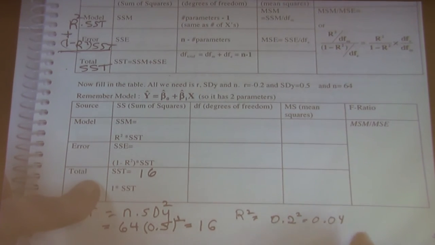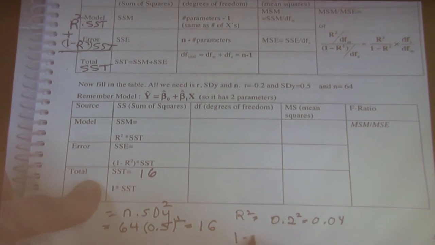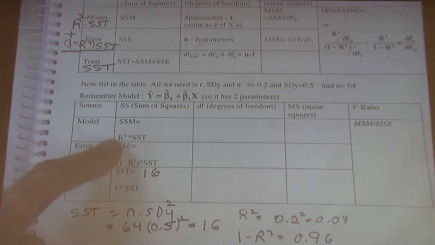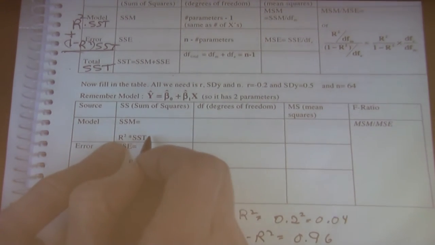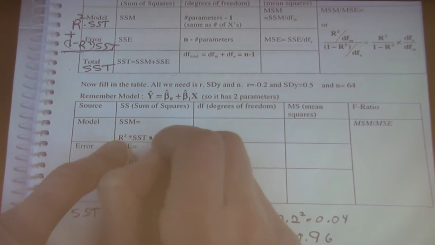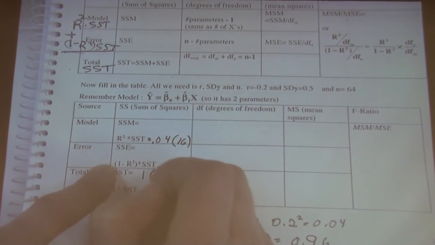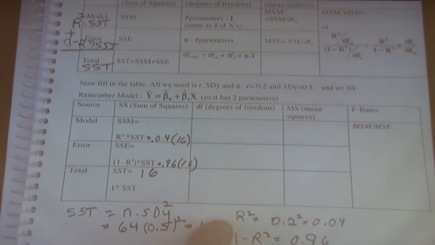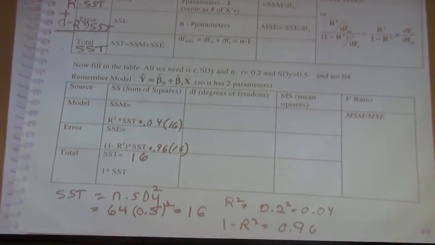R is positive. And 1 minus R squared is then 0.96. So this is going to be equal to 0.04 times 16, and this has to equal 0.96 times 16. And together, obviously, they have to add up to 16.